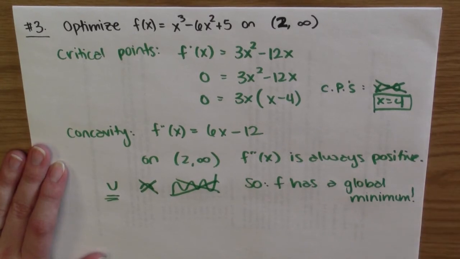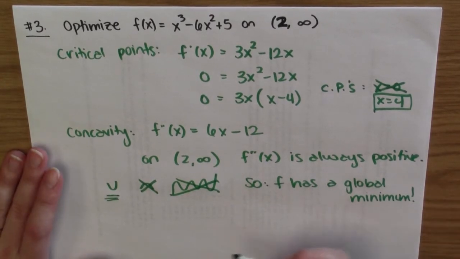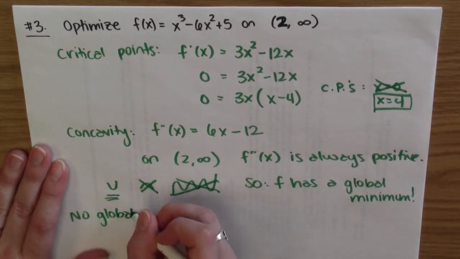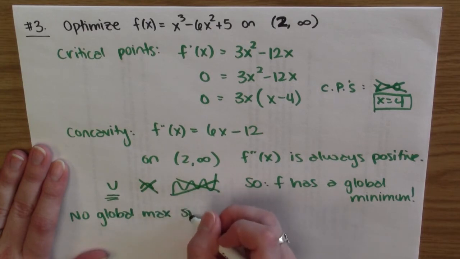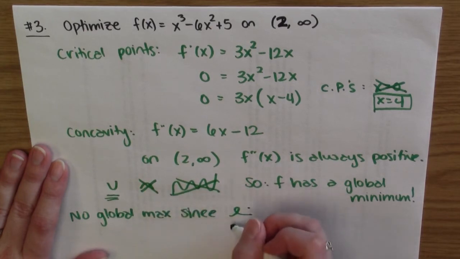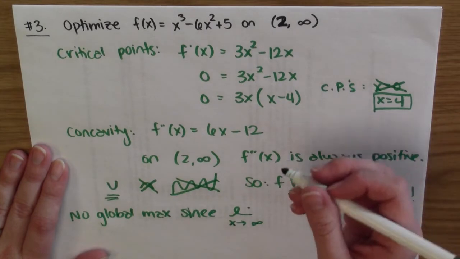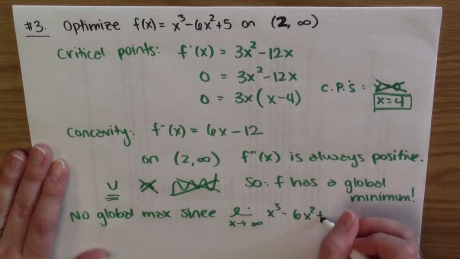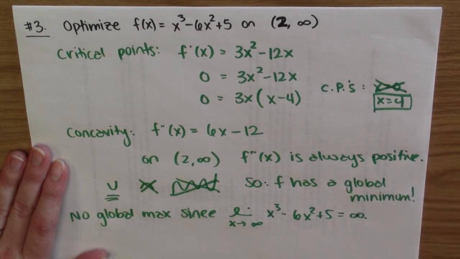And if we think about it a little bit, we can see that this function also has no global maximum, since the limit as x goes to infinity of this function, x cubed minus 6x squared plus 5, is positive infinity.